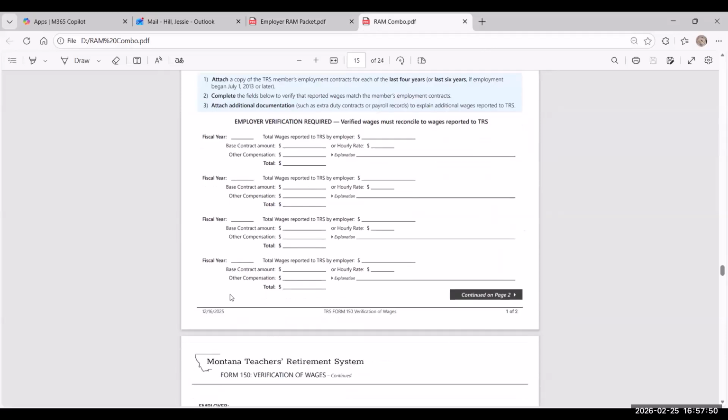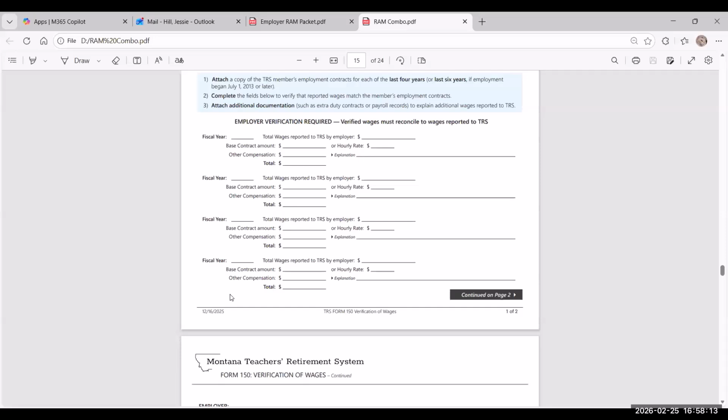And when we did our member retirement application packet webinar, we stressed to our members that they give this form to you, you complete it, and they get it all back and send it to TRS. I don't want it to have to be where you are sending this in.